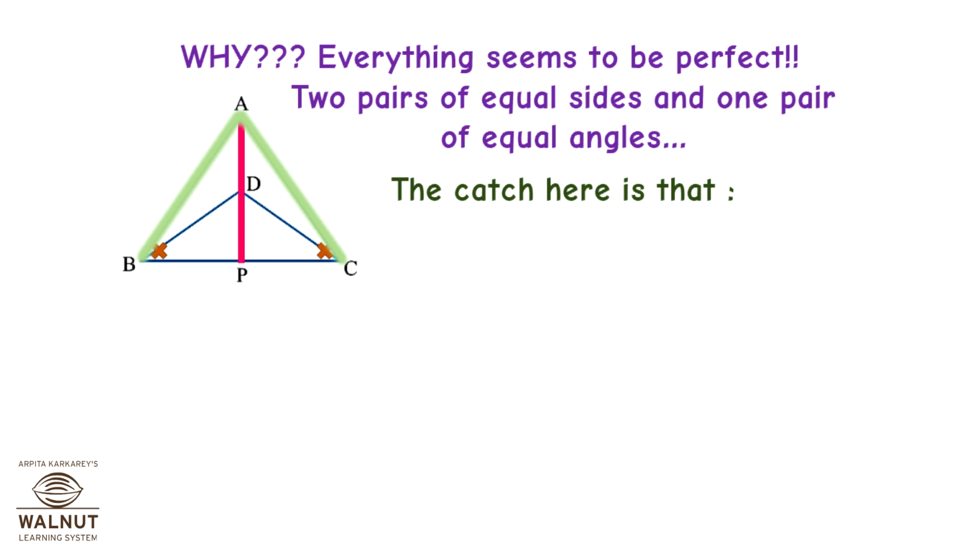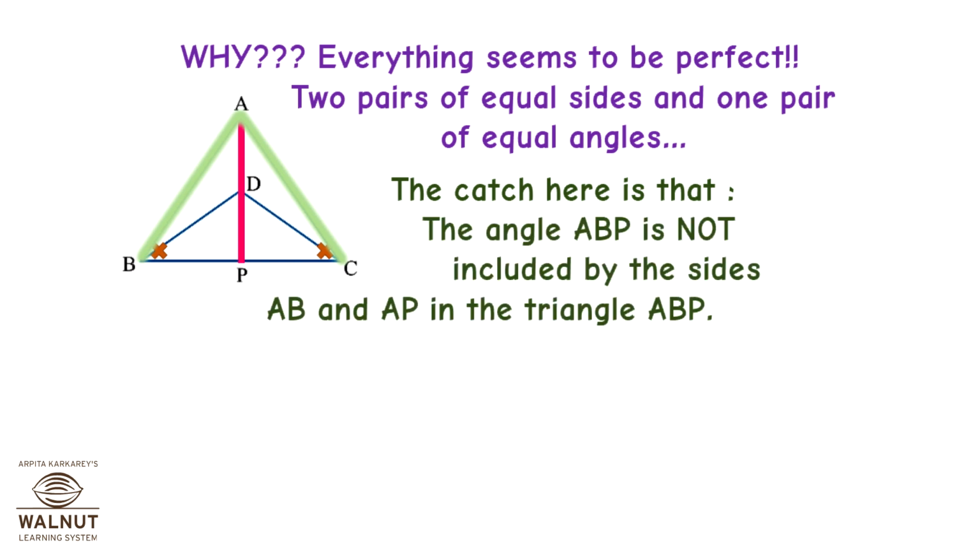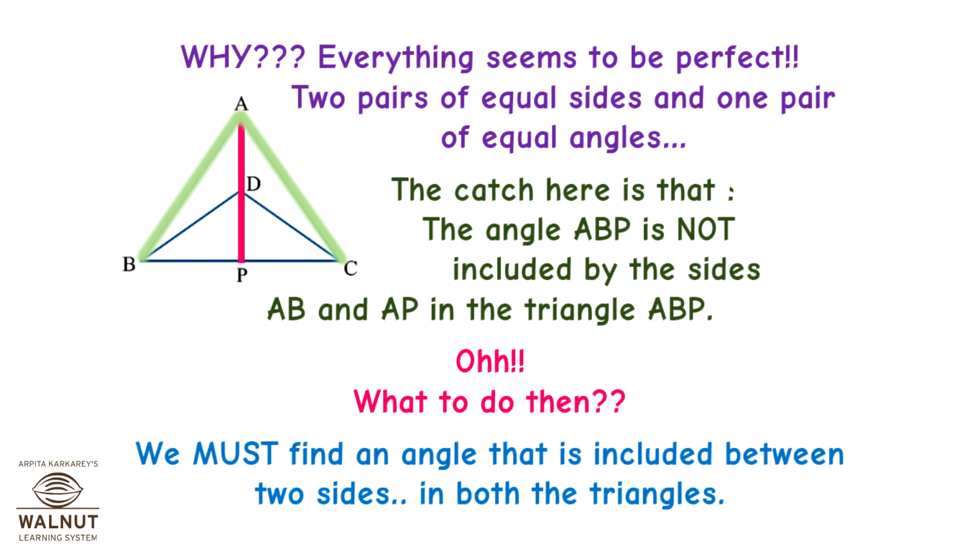The catch here is that the angle ABP is not included by the sides AB and AP in the triangle ABP. Oh, what to do then? We must find an angle which is included between 2 sides in both the triangles.